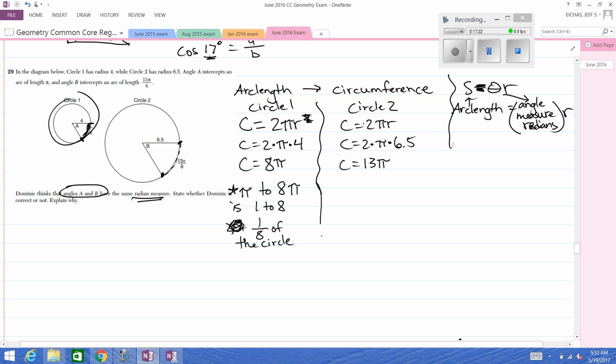Now, if we take a look at 13 pi over 8 to 13 pi, if you reduce that, again, it's 1/8.